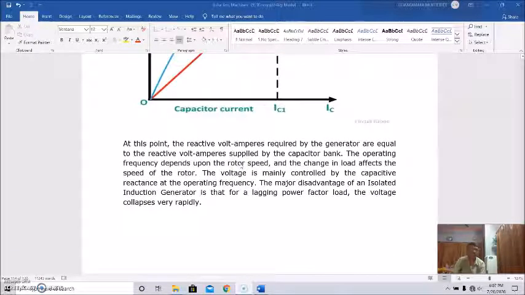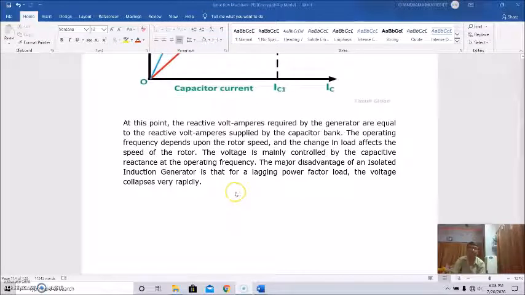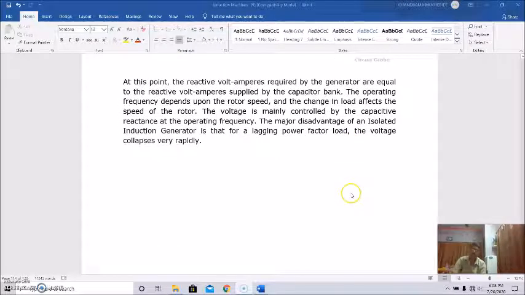At this point, the reactive volt-amperes required for the generator are equal to the reactive volt-amperes supplied by the capacitor bank, and the operating frequency depends upon the rotor speed, and the change in load affects the speed of the rotor. The voltage is mainly controlled by the capacitive reactance at the operating speed, and the major disadvantage of an isolated induction generator is that for a lagging power factor load, the voltage collapses very rapidly. Okay, so that's all about isolated induction generators.